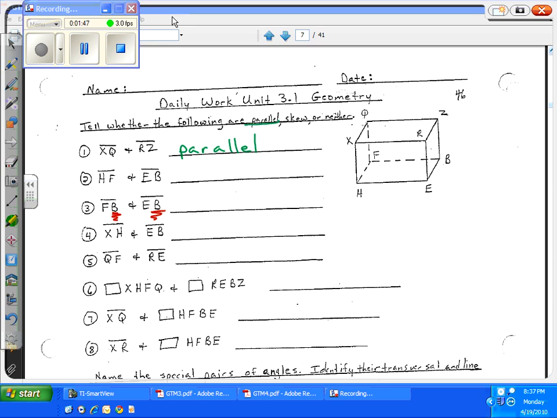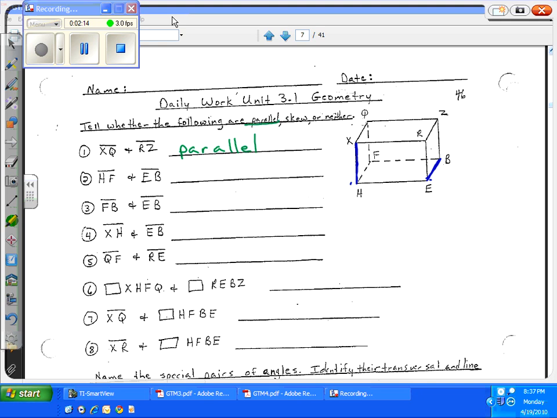And so then we have XH and EB. Let's take a look at those two. There's XH, here's EB. Those do not lie in the same plane. One lies in the plane of the left and one lies in the plane of the right.